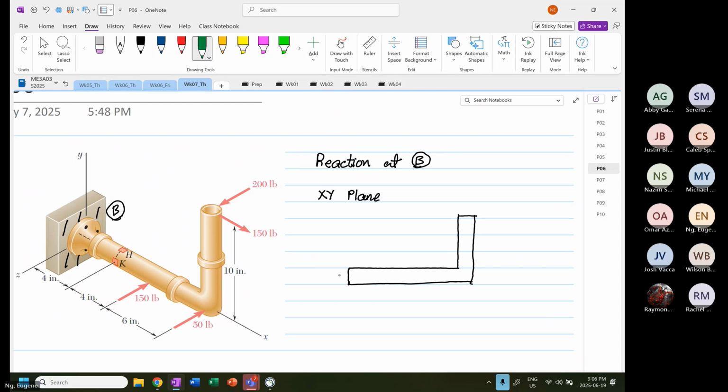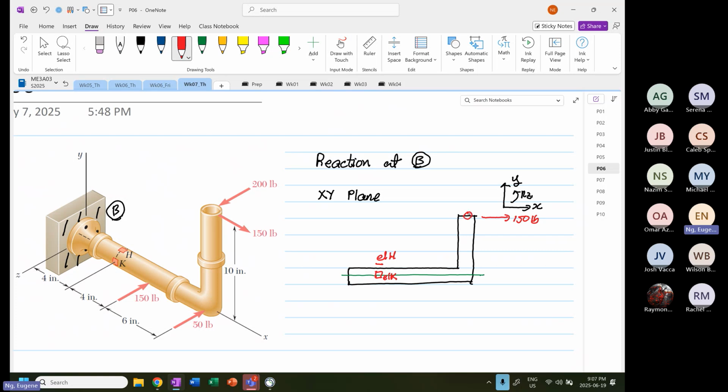And this is our element H, our element K. And I will draw our transformation based on the right hand rule: X, Y, and this is rotation about Z. And we just need to look at our 150 pounds.